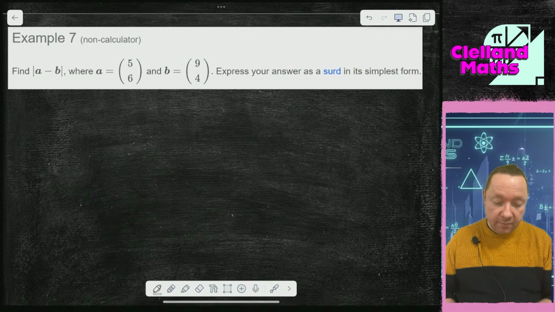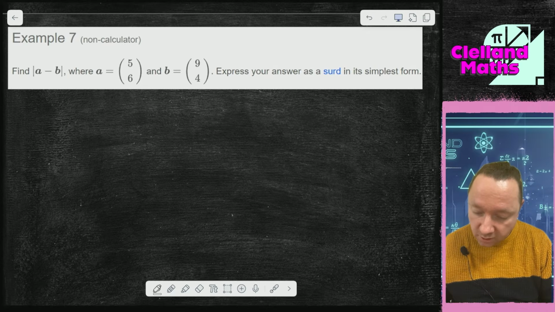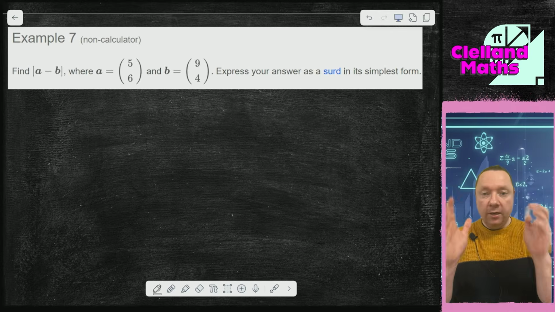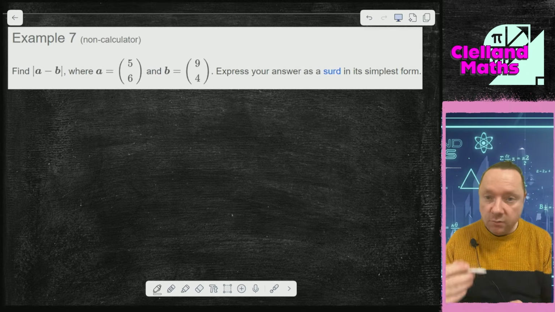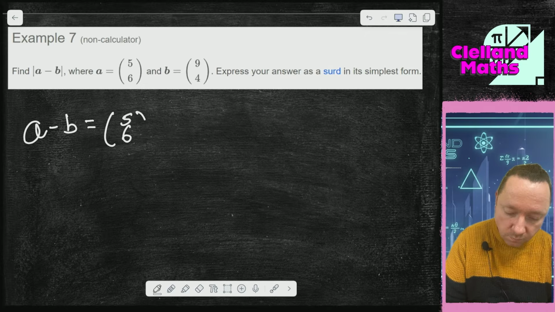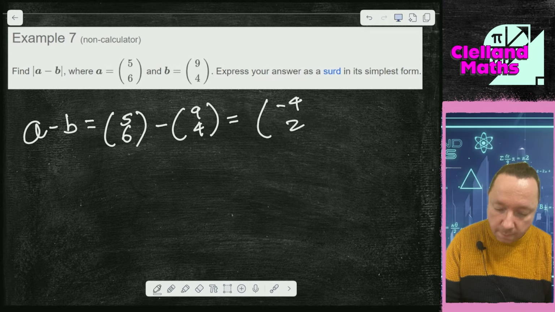Example 7. Find the magnitude of a minus b, where a and b are given. Express your answer as a surd in its simplest form. So notice with this example, we've not said find the magnitude. You need to realise that those two bars mean find the magnitude, which is Pythagoras. First of all, I need to do a minus b. So a minus b is equal to 5, 6 minus 9, 4, which is 5 minus 9 is minus 4, 6 minus 4 is 2.